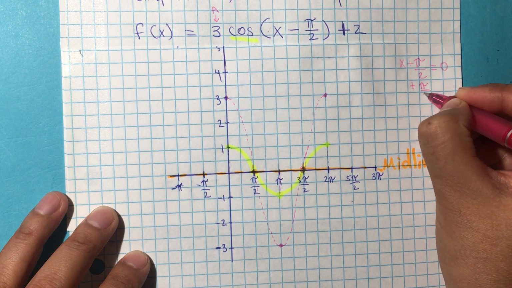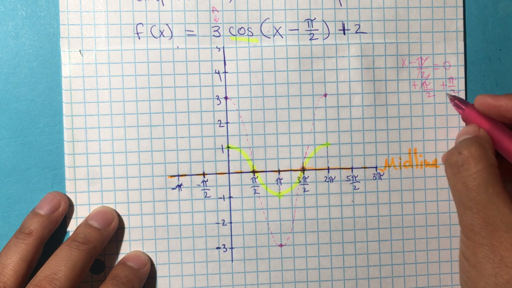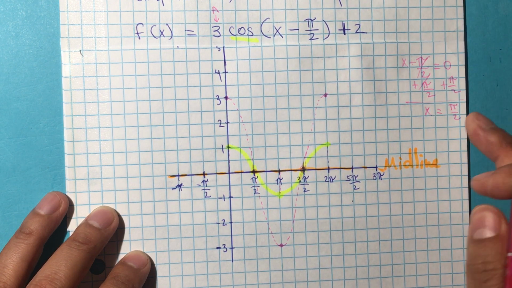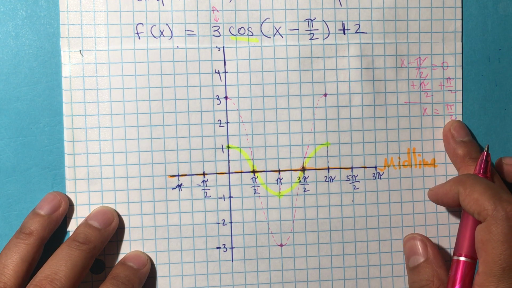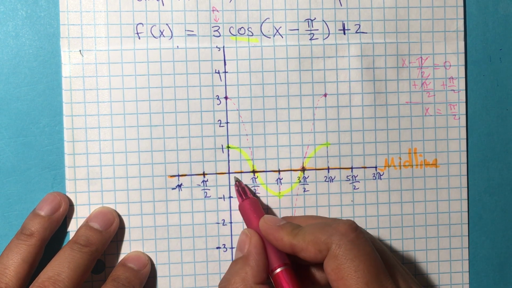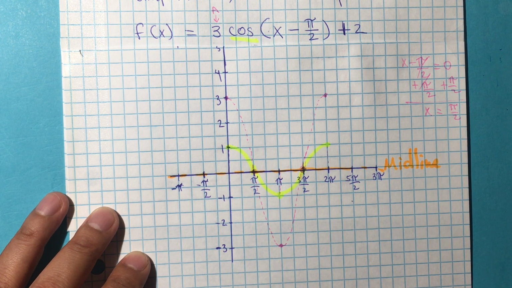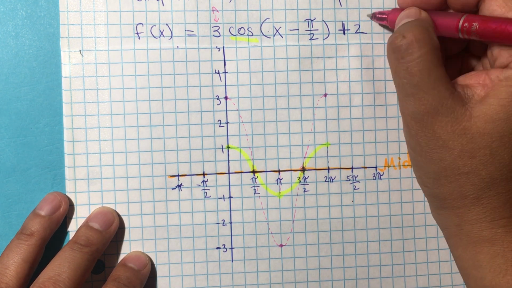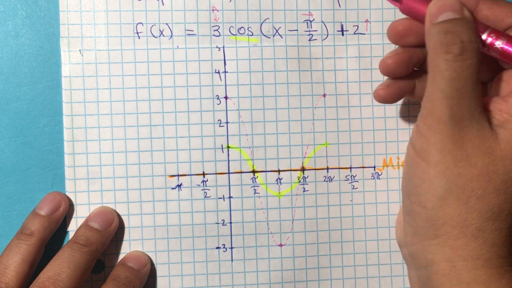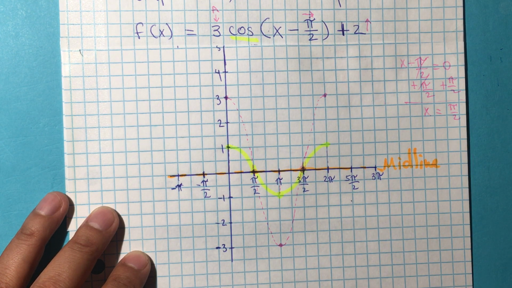I add pi over 2 to both sides, this cancels, and so x is equal to pi over 2. That means that the graph is going to be moving that much space, and it's in radians. Remember that in radians for x, pi over 2 is just 2 squares. That's how we're representing it here. So this is going to move up 2 spaces, and this is going to be moving to the right pi over 2 spaces. Okay, that's what that means.